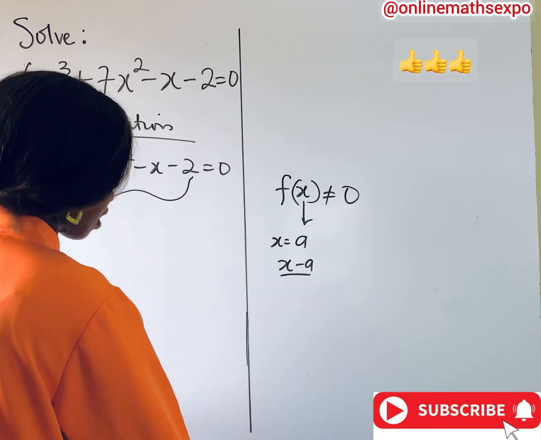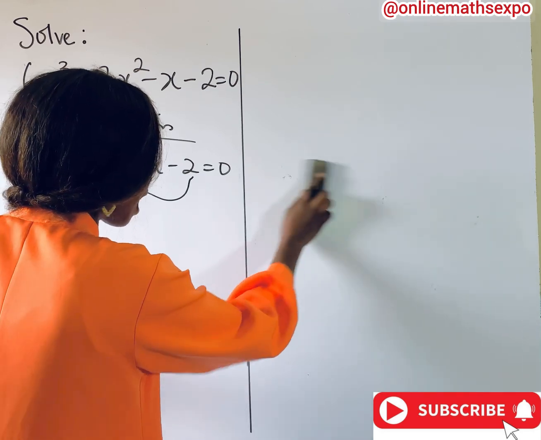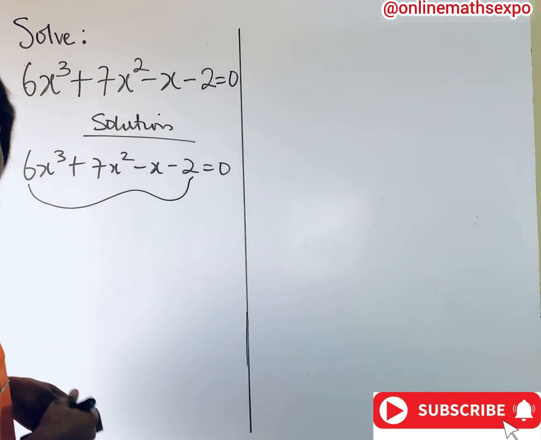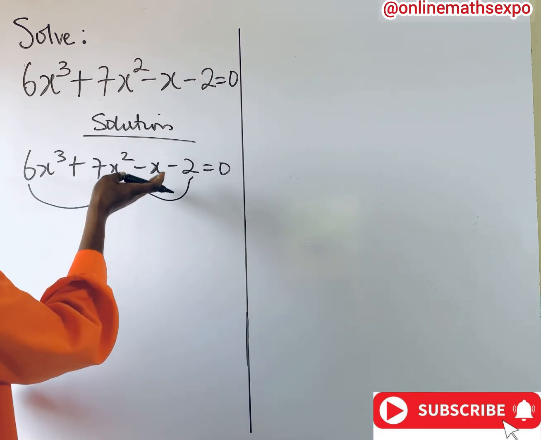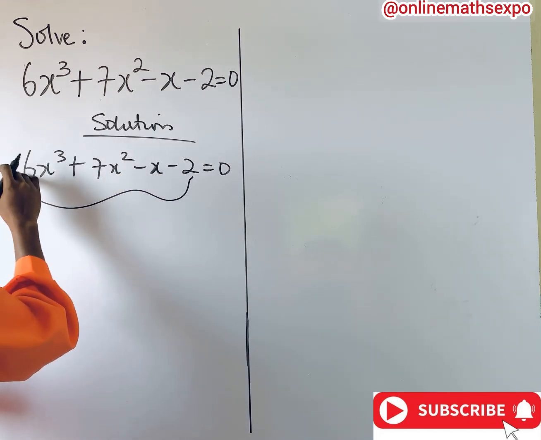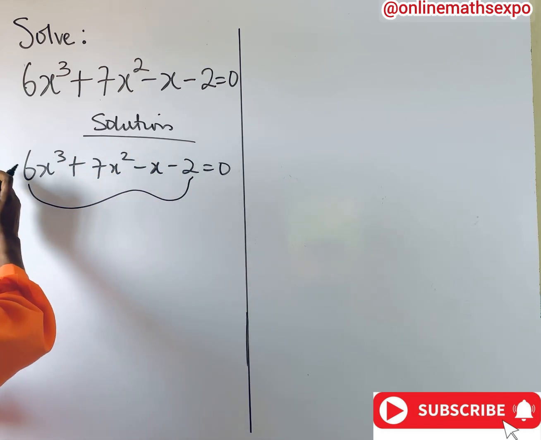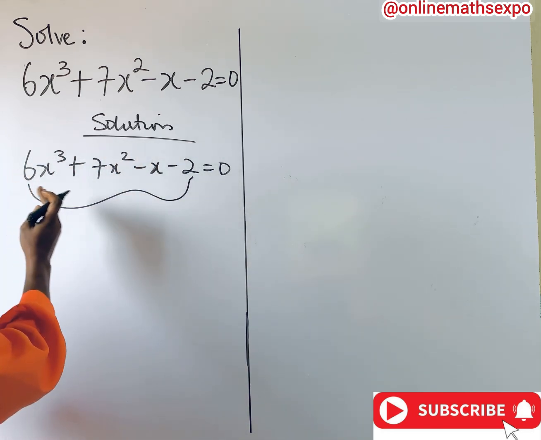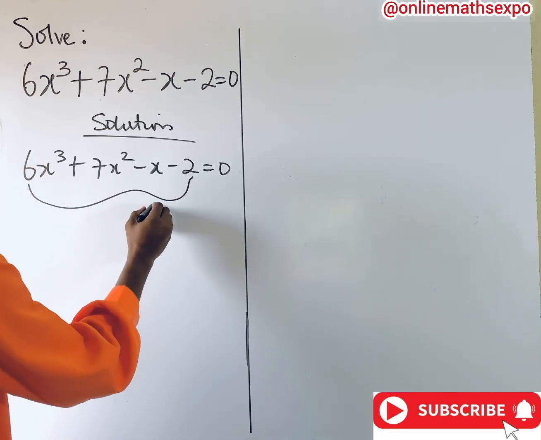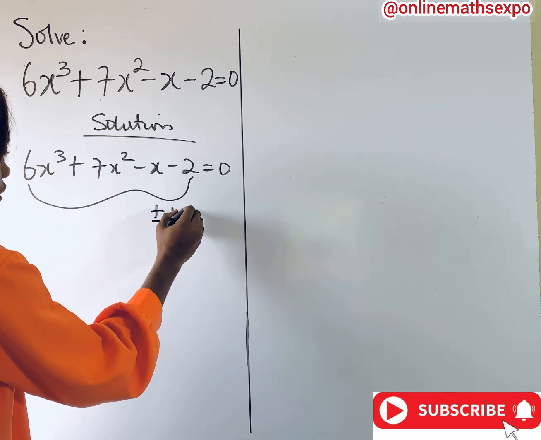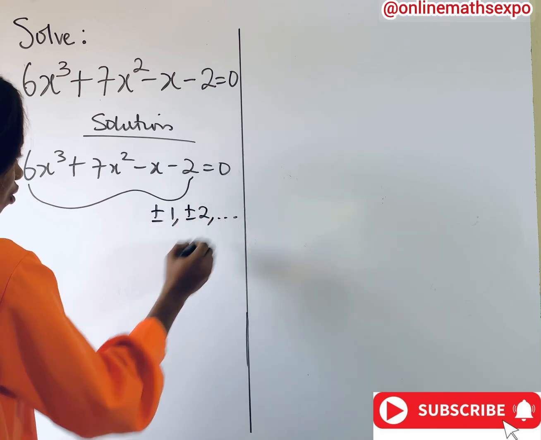So to get this factor, we are going to use our trial and error method. We are going to test for values of x that we can substitute into the left side of this equation, which has become an expression. If it gives us 0, then we know it's a factor. So we are going to work with plus or minus 1, plus or minus root, and the rest of them.